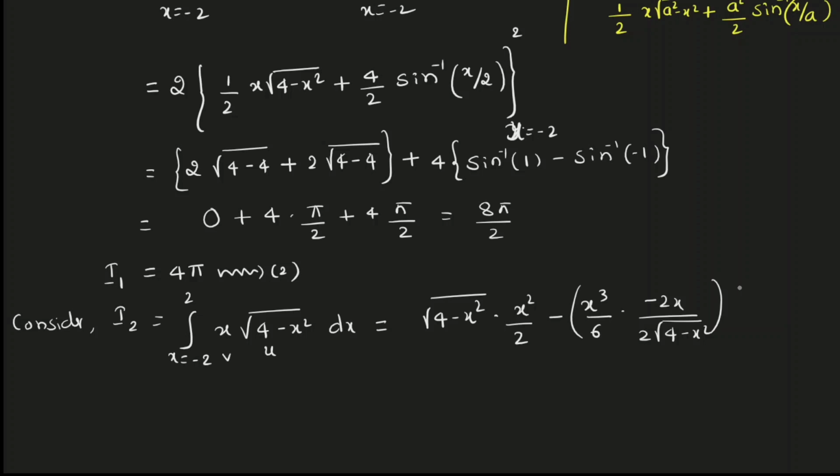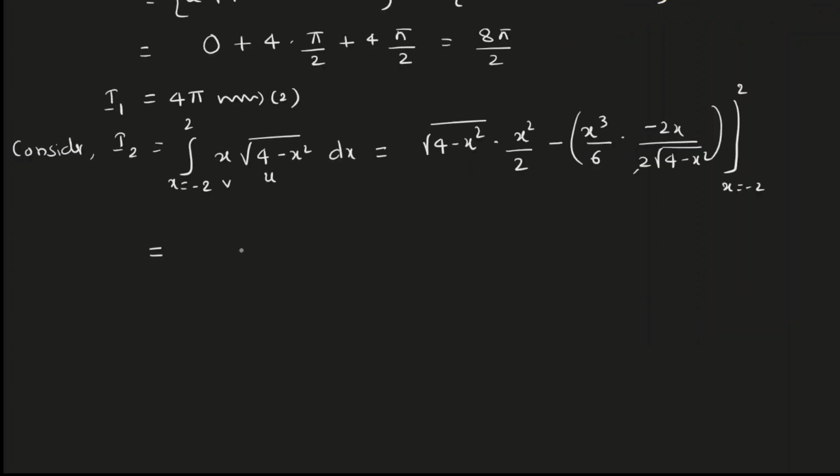Integration is from x equal to minus 2 to plus 2. Now here this 2 and this 2 will get cancelled. Then apply the limits 2 and minus 2.